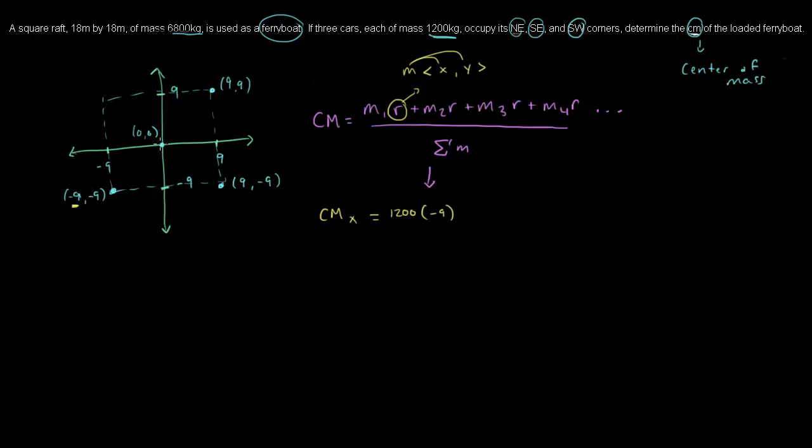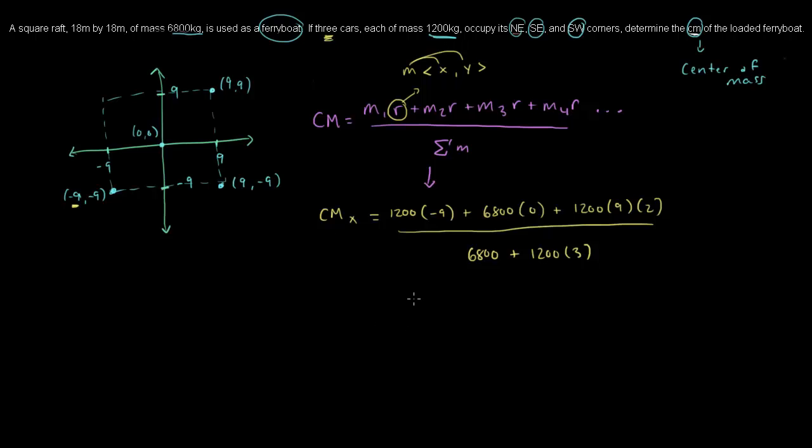Then I work my way to the 0 point, which is the ferry boat itself: 6,800 multiplied by 0, plus, over here they're both the same, so 1,200 times 9 times 2. And the sum of my masses is 6,800 plus 1,200 times 3, because I have 3 cars.